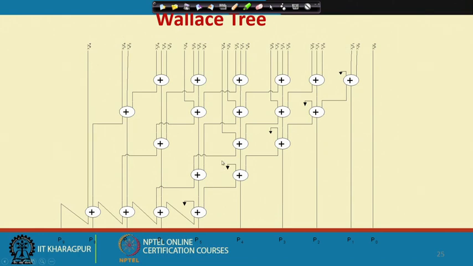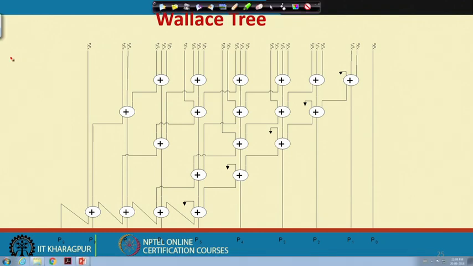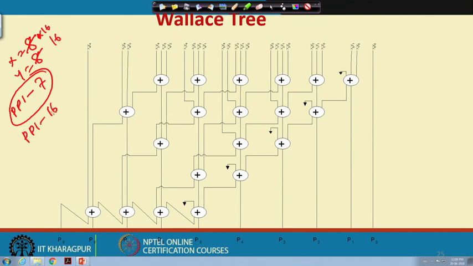So, if I consider x of 8 and y of 8, at that time I need to generate 8 partial products. If this is 16 plus 16, at that time I need to generate PP 1 up to 16, and then I need to add.